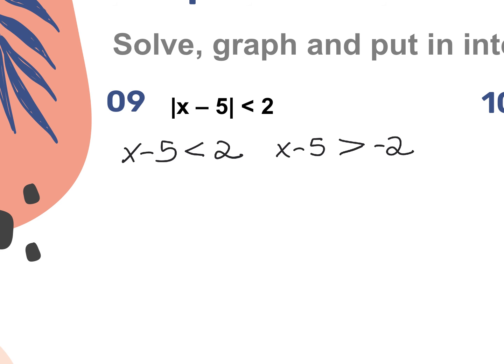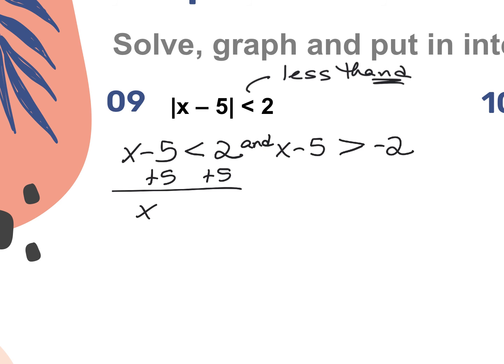And because this original symbol was a less than, we're going to join these two with the word and. So I'm going to solve each one individually, and then the word and will go in between. So add 5. X is less than 7, and now I'll solve this one.